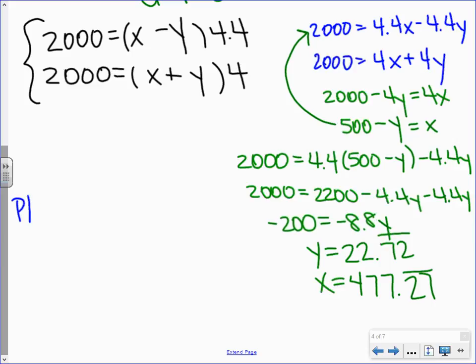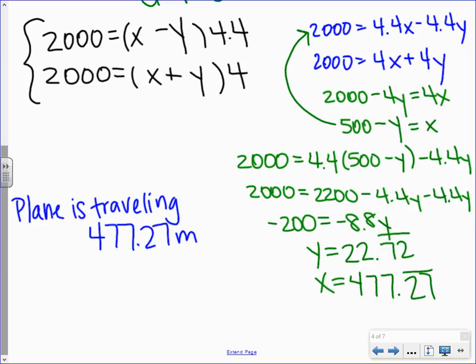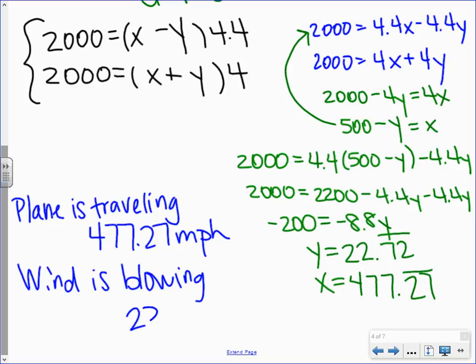The plane is traveling 477.27 miles per hour. And the wind is blowing 22.72 miles per hour. I guess technically that would be 22.73, wouldn't it? For rounding.